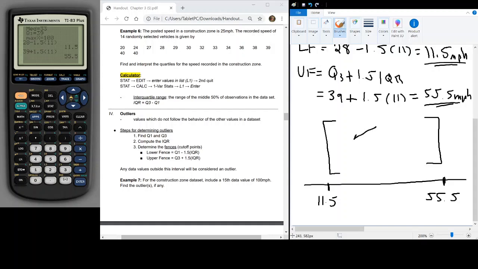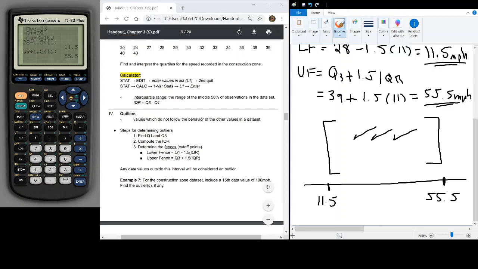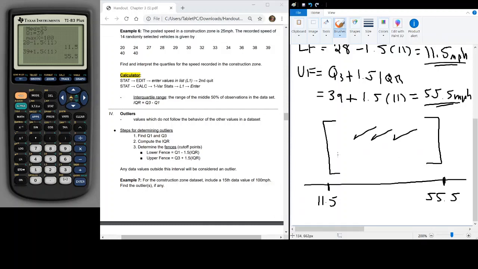As far as the original data set goes, as long as it's in here, it is okay. If we go back to the original data set, notice we have 20 miles per hour, 24, 30, 33, 38. All of those lie between the lower and upper fence, so those are considered acceptable behavior for the data. But our goal was to show that 100 miles per hour is unusual.